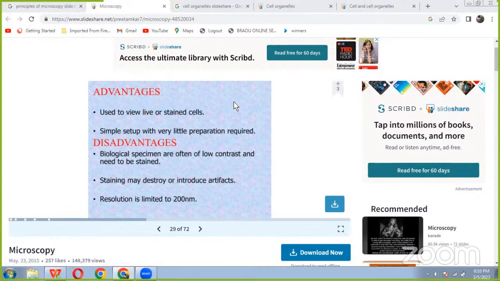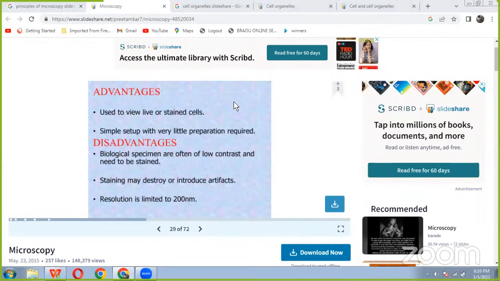And next one, disadvantages of the compound microscope. The biological specimens often have low contrast and need to be stained. For example, a bacterial culture, you will then go to the SEM and TEM electron microscopes.